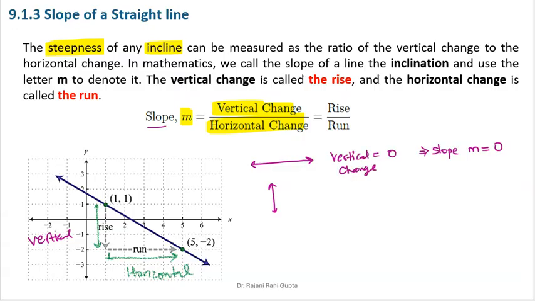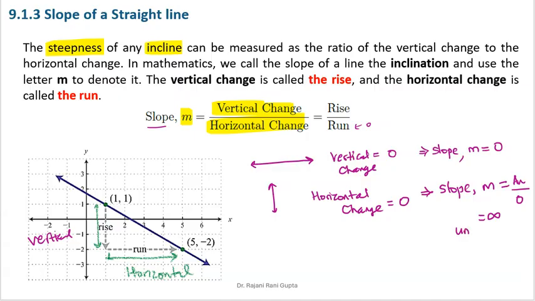When the line is vertical, the horizontal change is 0. So what will the slope m be? You can have any value in the numerator, but the denominator becomes 0. Any number over 0 gives you infinity, undefined.